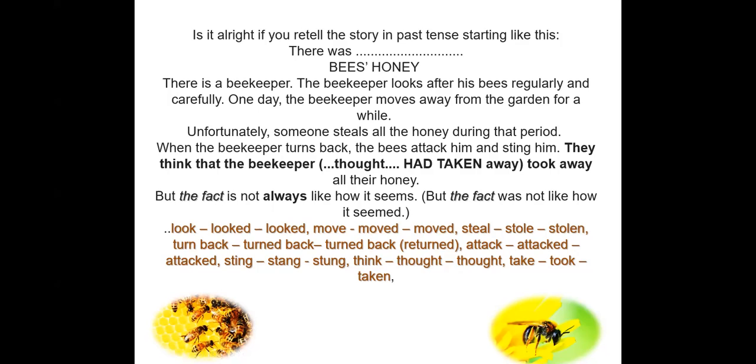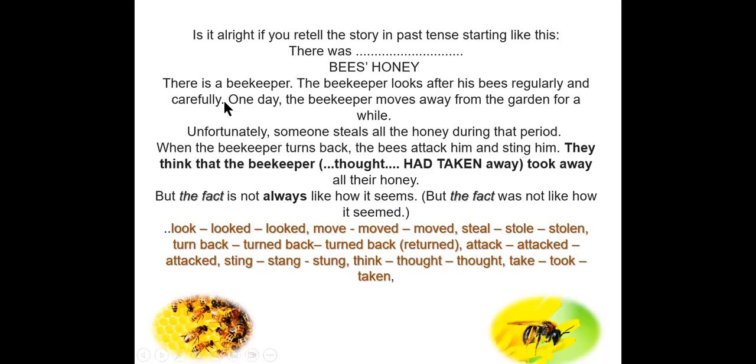Poison, yeah. Sting is both noun and verb. The bees poison with their sting, or they just sting is also possible. Think, thought. Take, took, not taken, but took. Okay, let's read it in simple past tense.